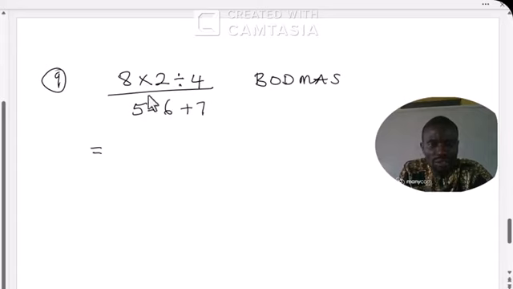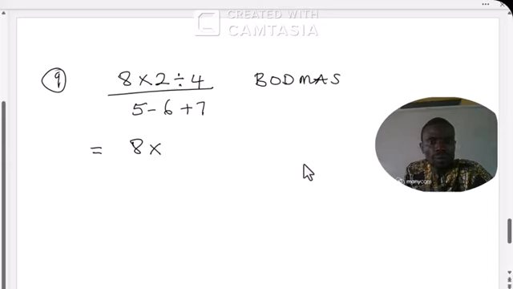So you apply BODMAS up here and you apply BODMAS down here. Let's start with the numerator first. Can you see division comes before multiplication? So division first. We are going to write 8 times 2 divided by 4.